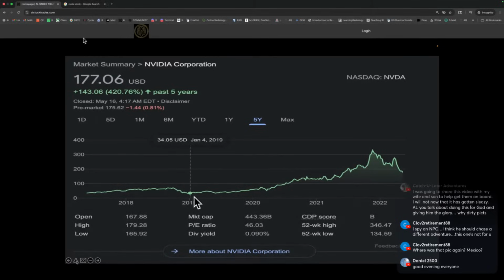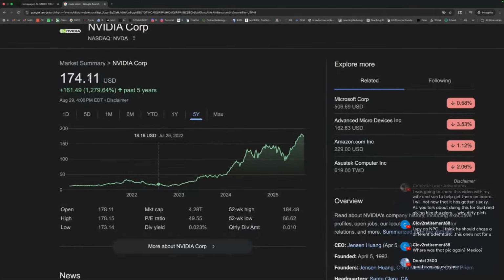So wait, how is the stock price 177, but now it's still 174? Well, if you look at this, the stock price used to be $17. So it's because the stock had a split.